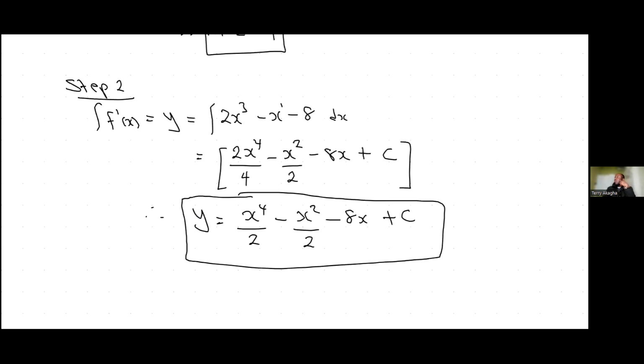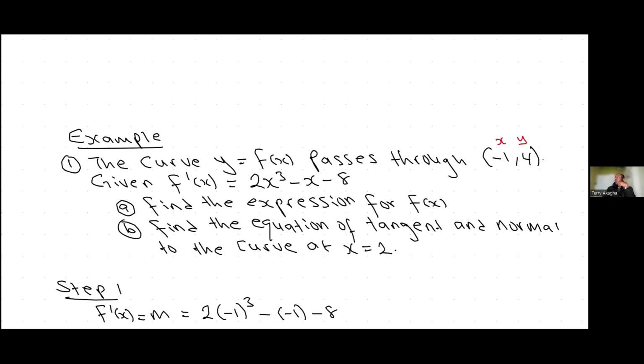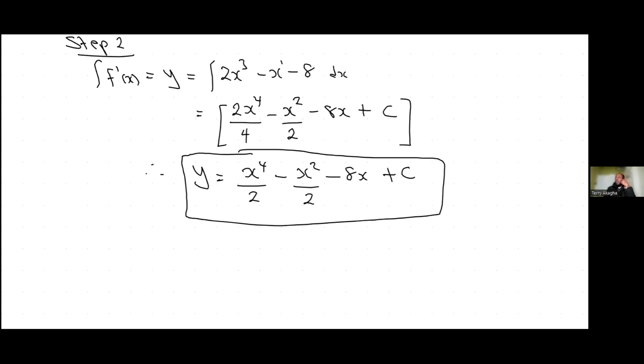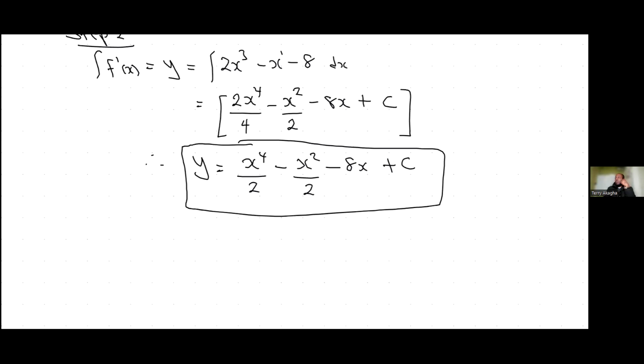So we already know from the question that our x1 was -1 and our y1 was 4. So step 3, we need to make c the subject of the formula. So I'm going to take every other thing to the other side.